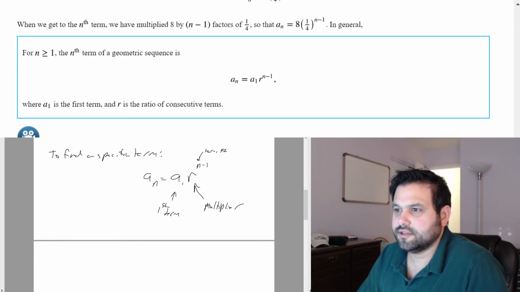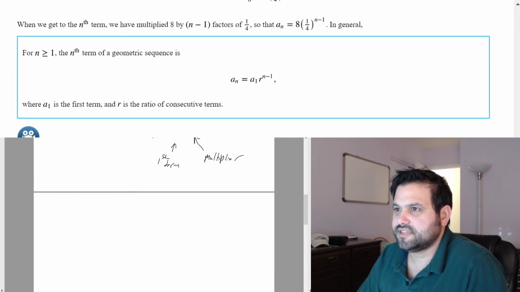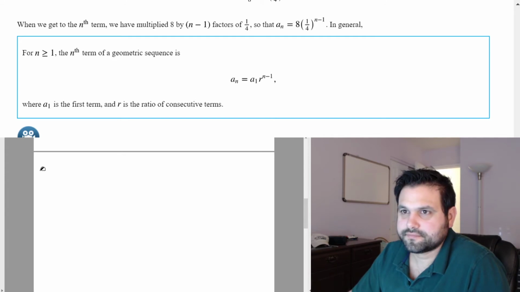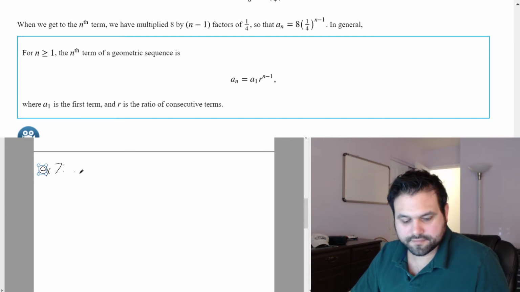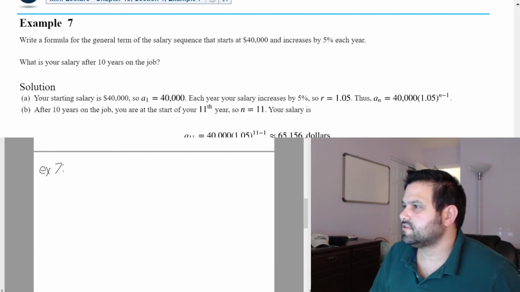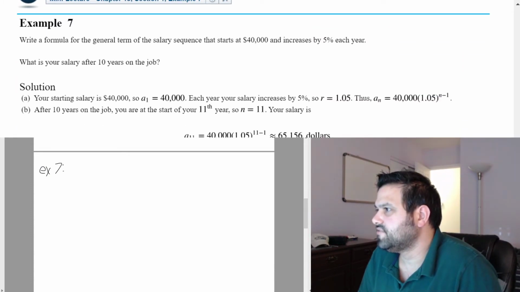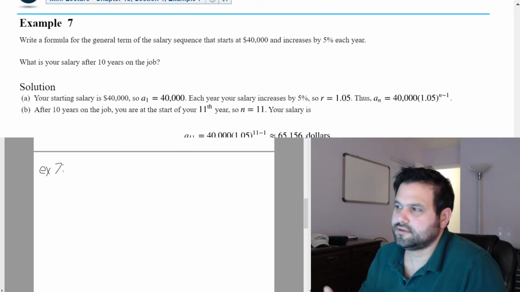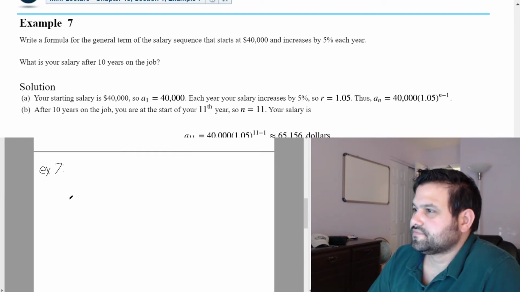So let's take a look at example 7. Write a formula for the general term of the salary sequence that starts at 40,000 and increases by 5% per year. And what's your salary after 10 years on the job?